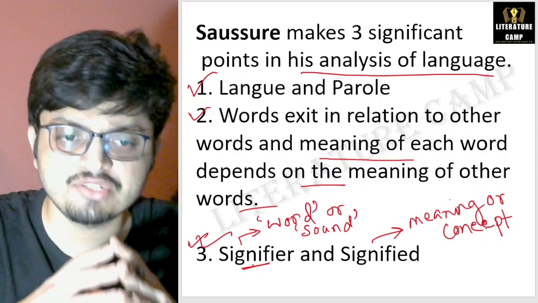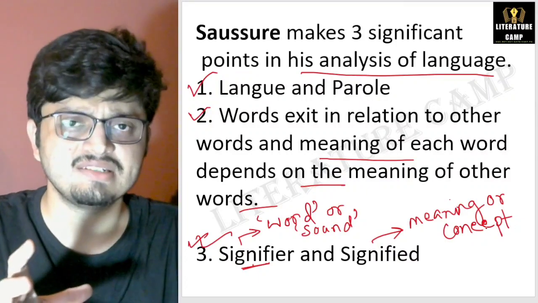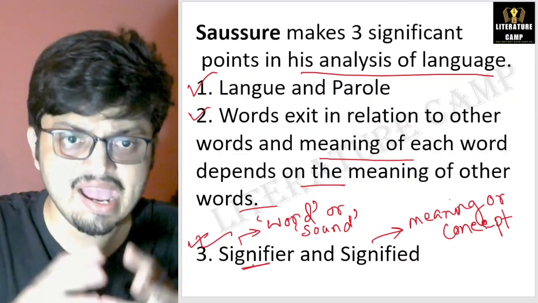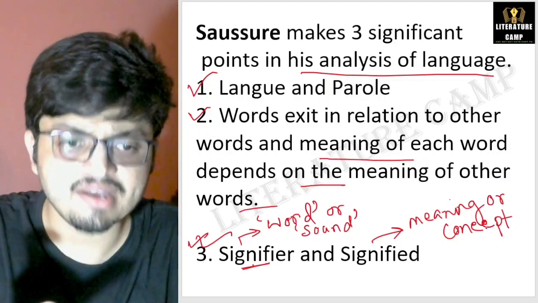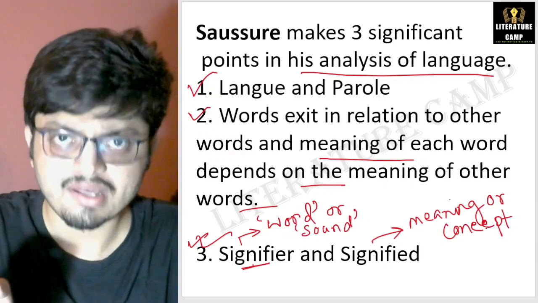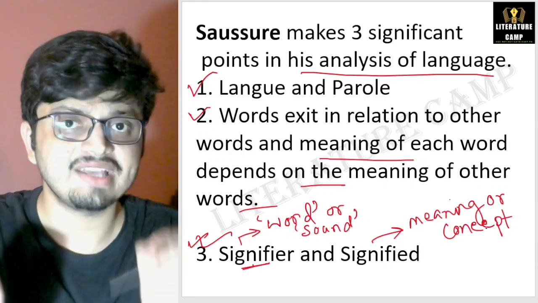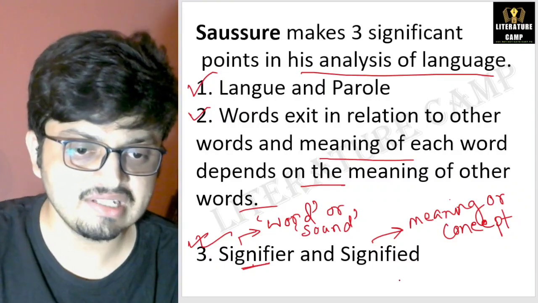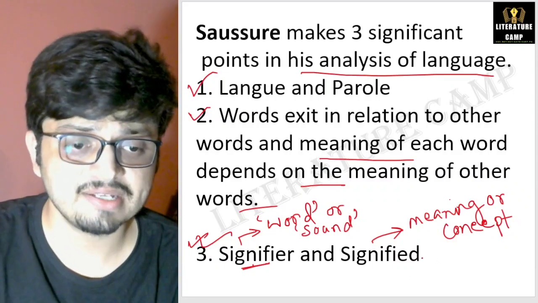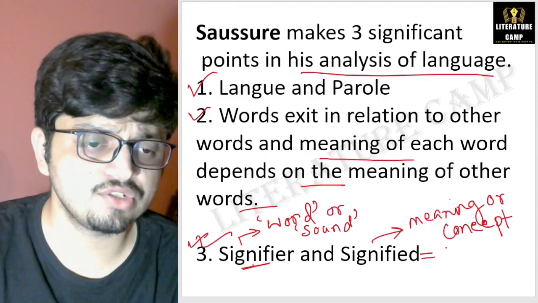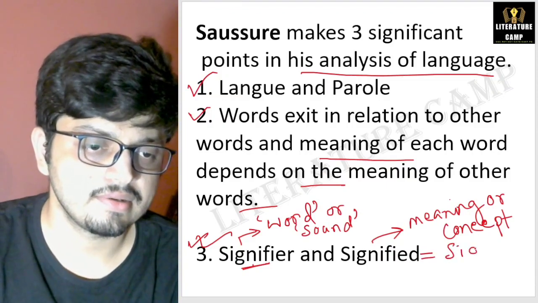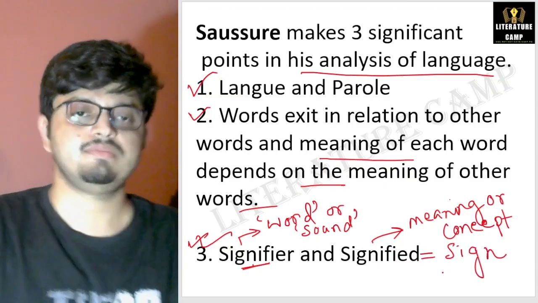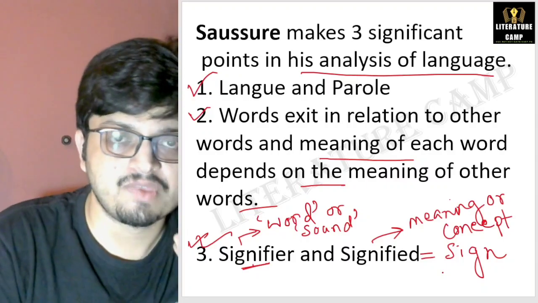The relationship between the signifier and the signified is arbitrary, and they together, or the word and its meaning, constitute a sign. So signifier plus signified is equal to sign. Yes, that is the concept of a sign.